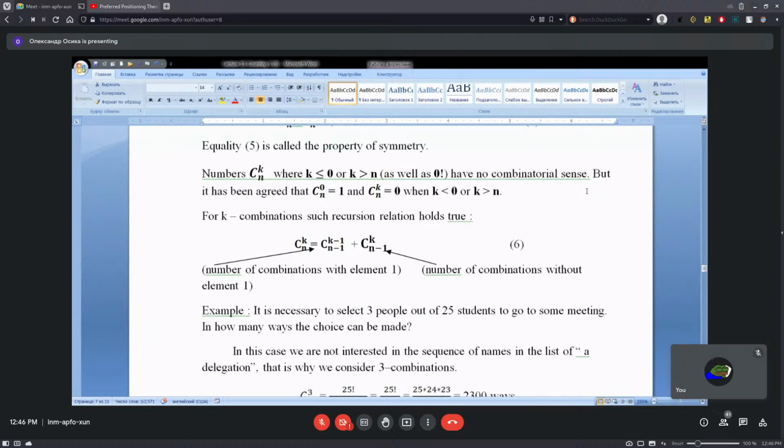But it was agreed that n choose 0 is equal to 1. N choose k is equal to 0 if k is less than 0 or greater than n.